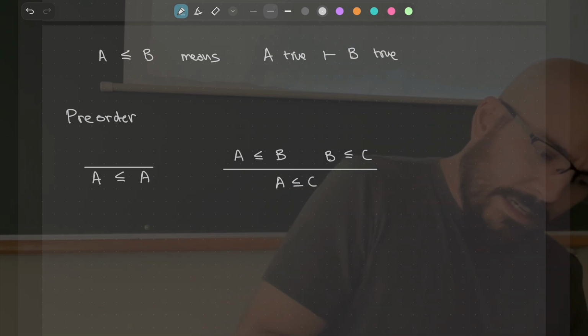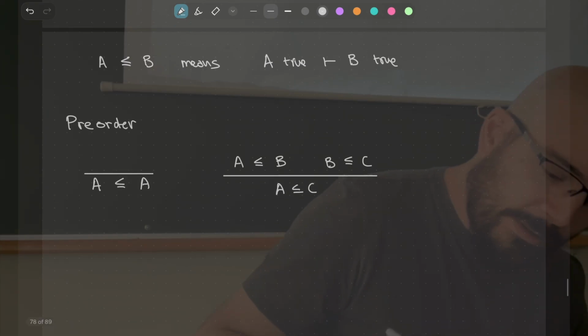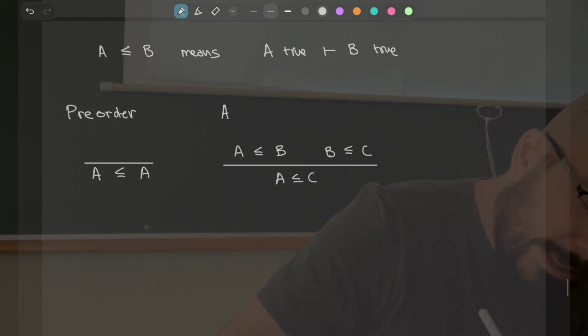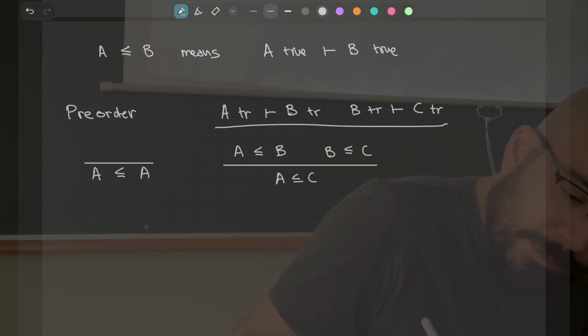So if I translate this into what it means: from A true I get B true, and from B true I get C true. I should be able to conclude.